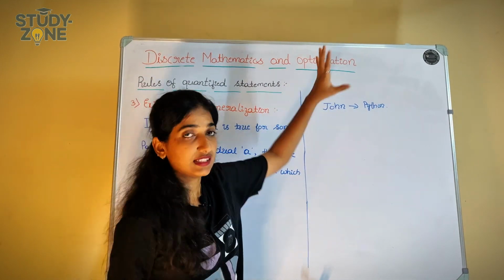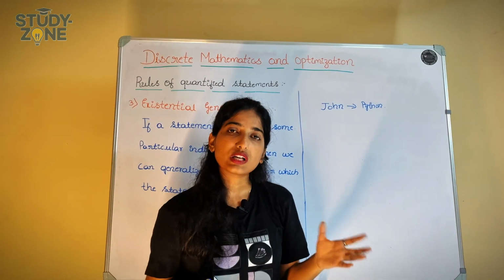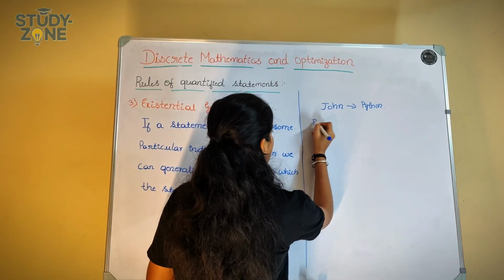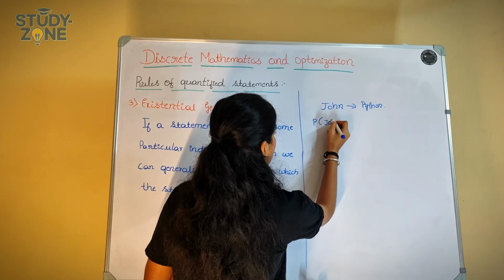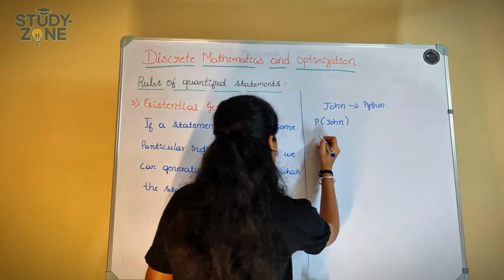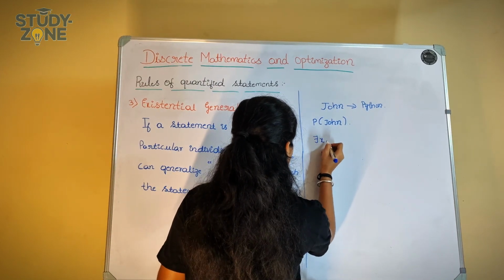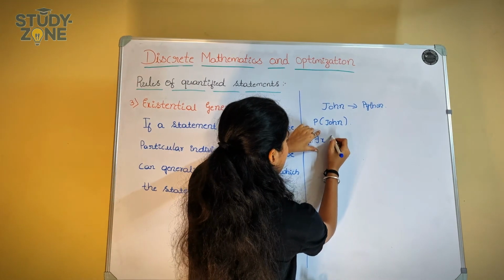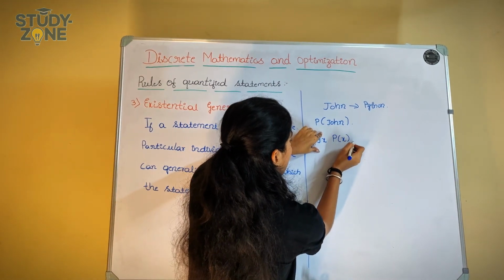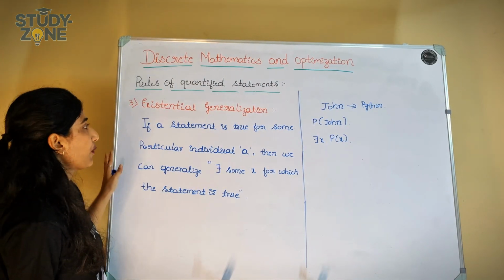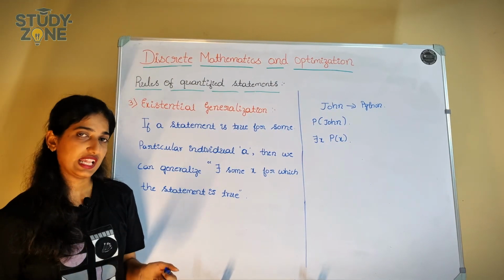We are telling that there exists at least one person who knows Python, which means here we know that there is P of John. But what we are going to do is generalize it as there exists x, which means there exists at least one person, that is P of x, who knows Python. Like that we are generalizing. So this is about existential generalization.